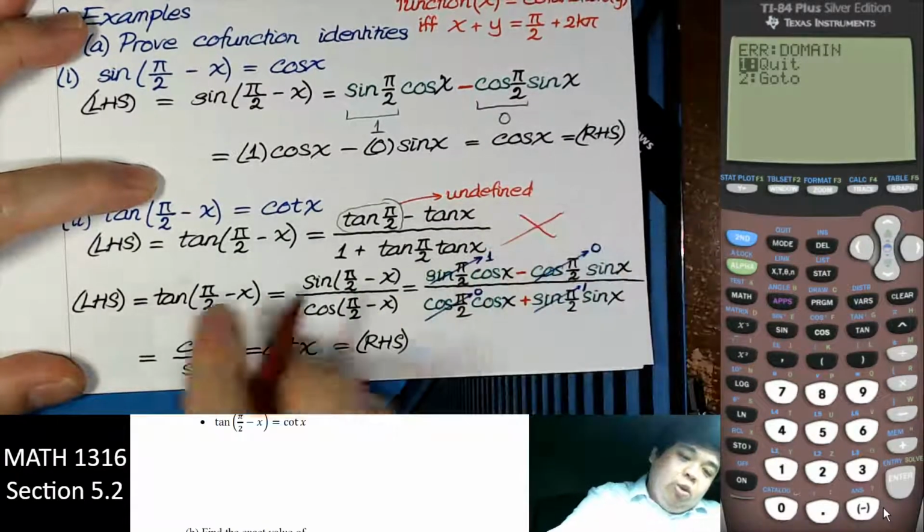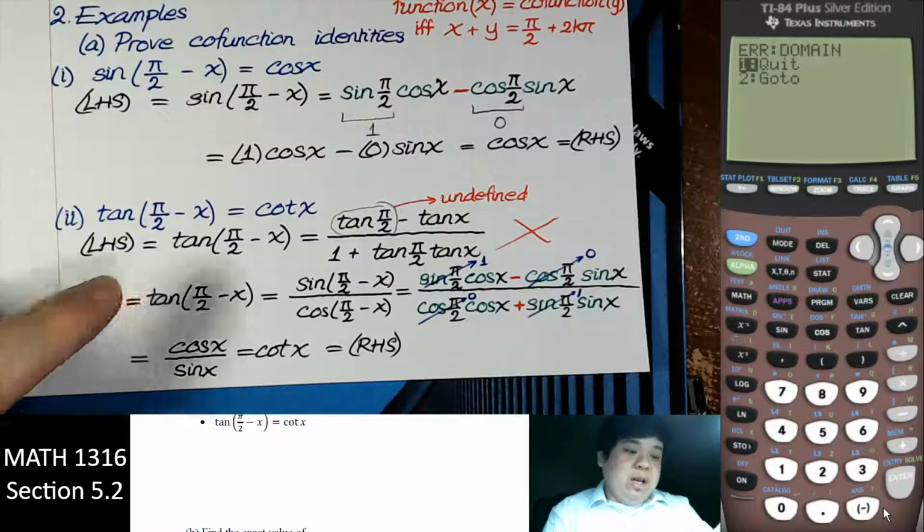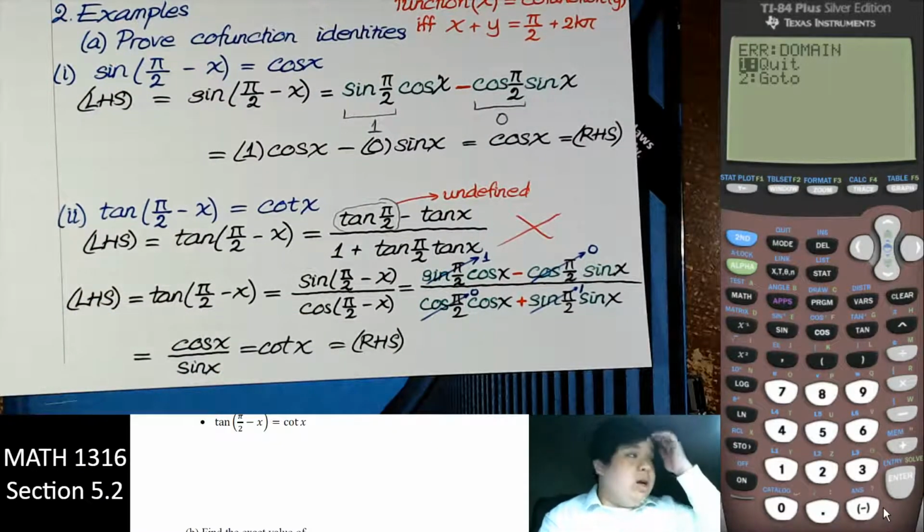So we cannot prove it using the identity directly. We have to switch around using sine and cosine, and it will work after that.